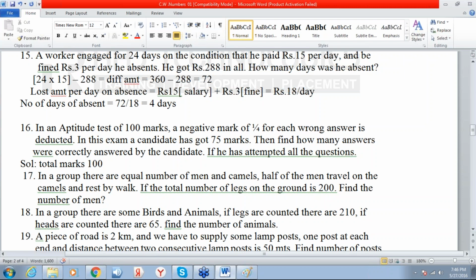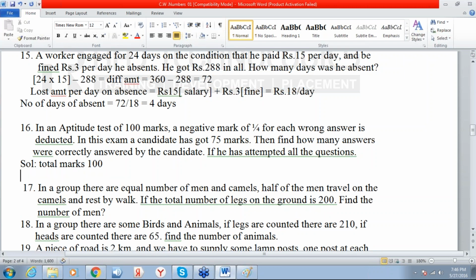Marks obtained by the candidate is 75. Then what is the difference? 25 marks.